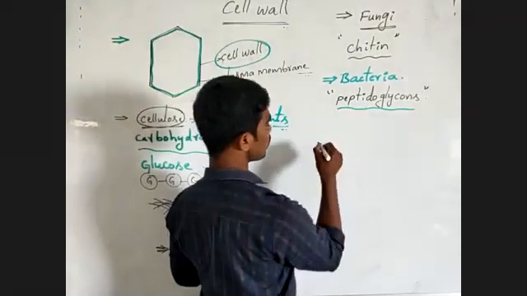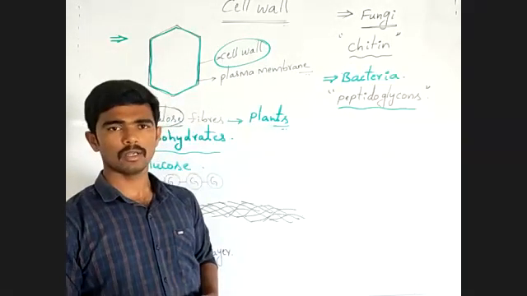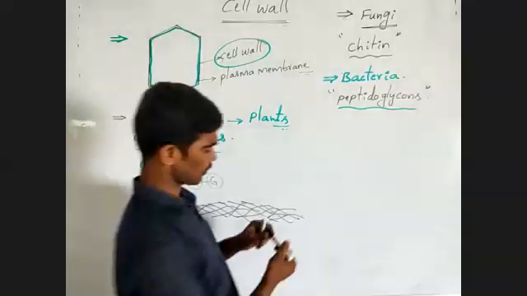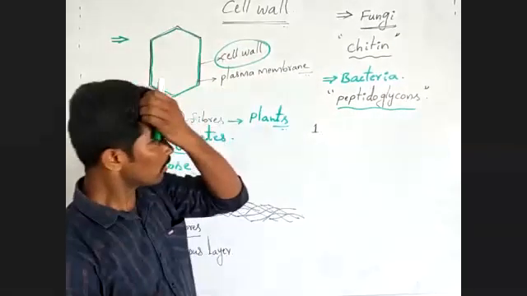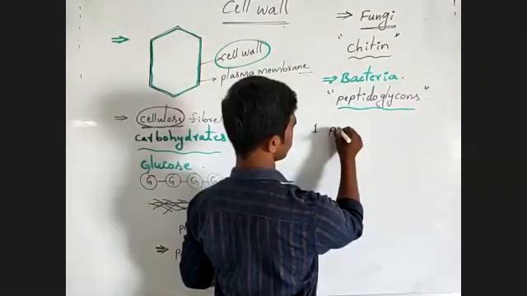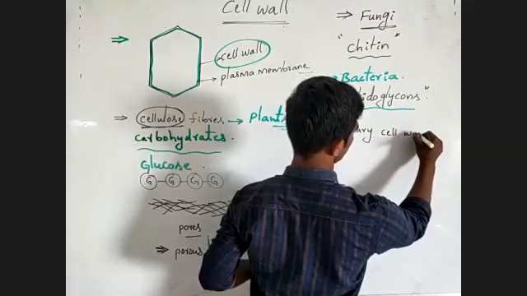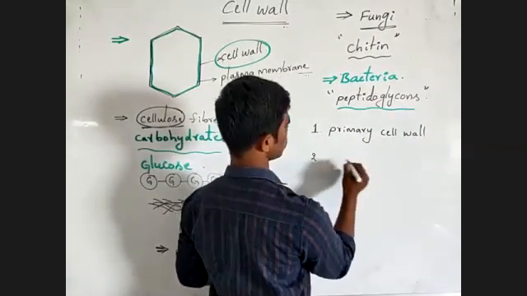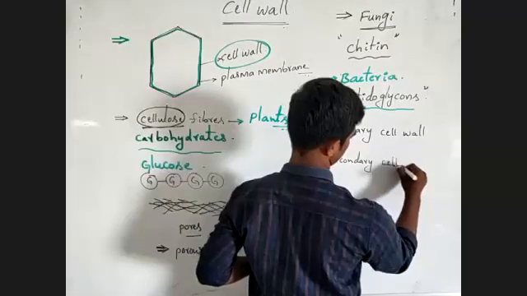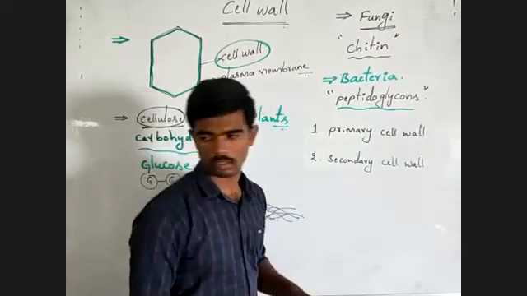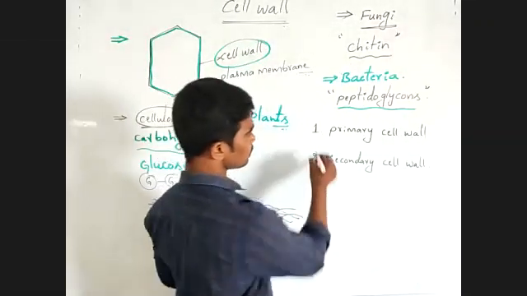Next, there are two layers of the cell wall. In the cell wall, we can observe two layers. Observe the first one here: the primary cell wall. The second one is the secondary cell wall.